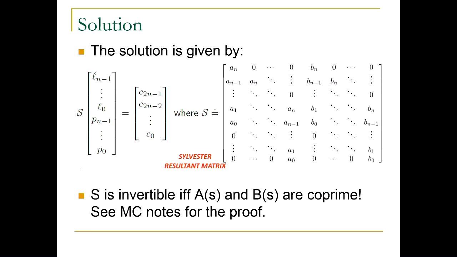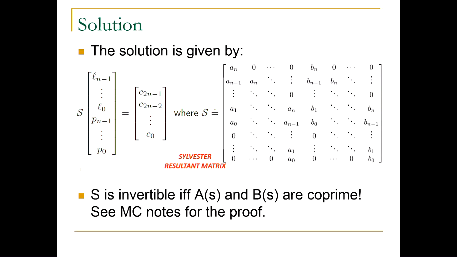So anyway, to summarize, if polynomials A and B are coprime, in other words, there's no pole zero cancellation in the plant, then we can rewrite this set of linear equations this way, where S is the Sylvester matrix, and the Sylvester matrix is invertible. And this implies that there exists a unique solution, which is S inverse times that. So S is known because A and B are known.